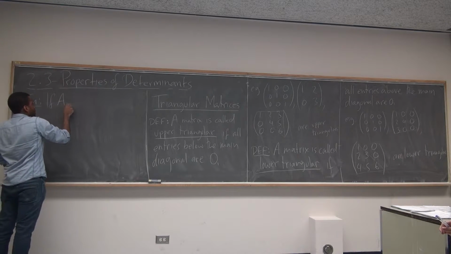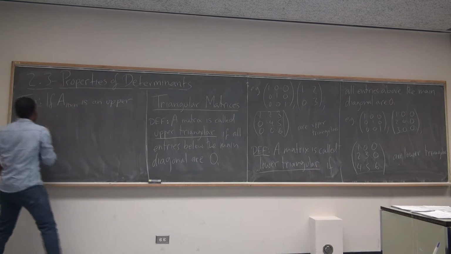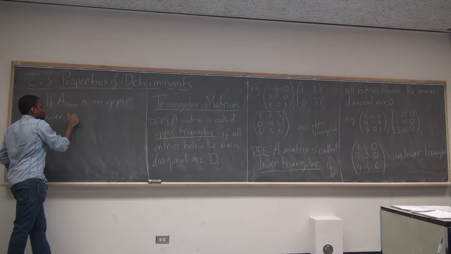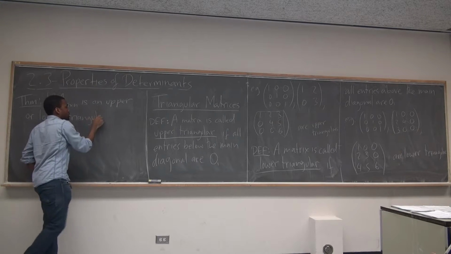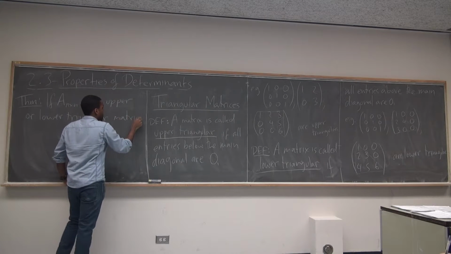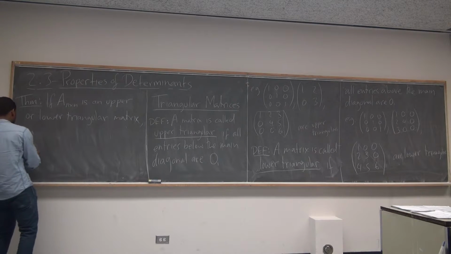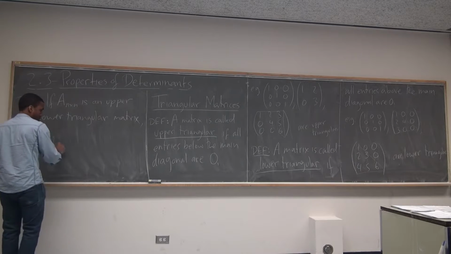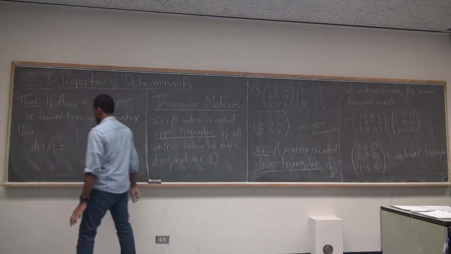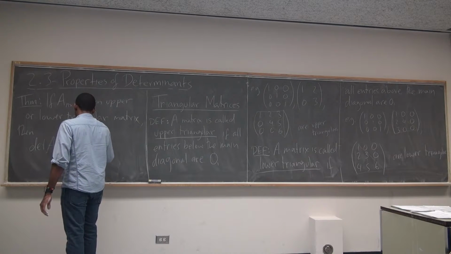If A is an upper or lower triangular matrix, then what do you think the determinant of A would be? Multiplication of the diagonal entries. Product of the diagonal elements. Exactly.